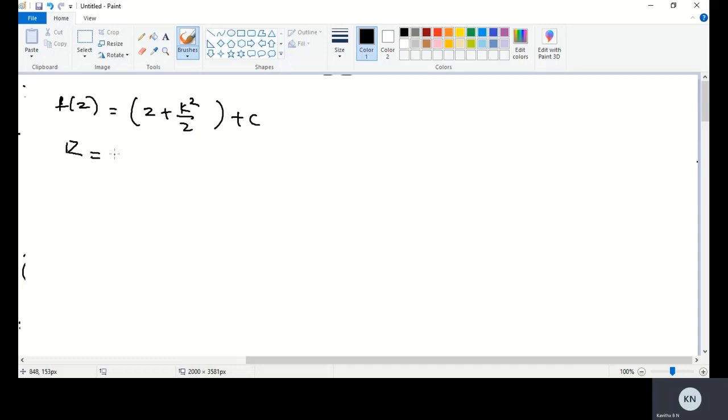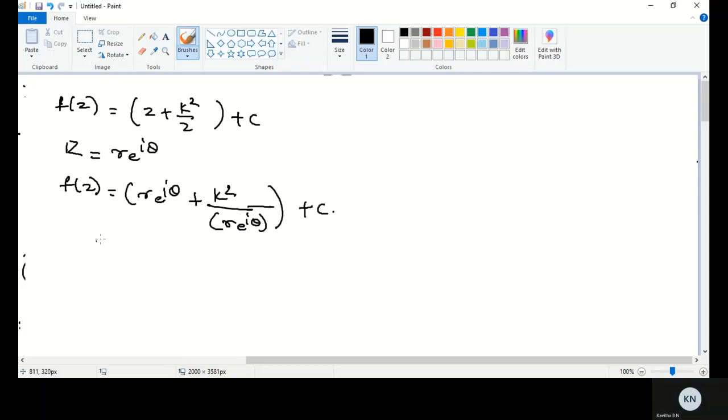In place of z, substitute r into e to the power of iθ. So f of z is equal to r into e to the power of iθ plus k square by r into e to the power of iθ, plus c. Then collect its real part on one side and imaginary part on one side.